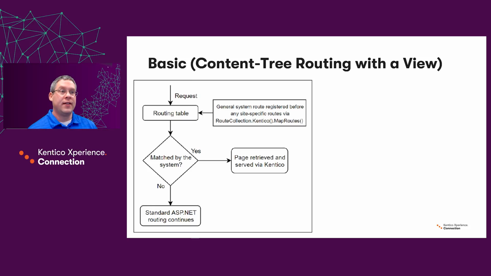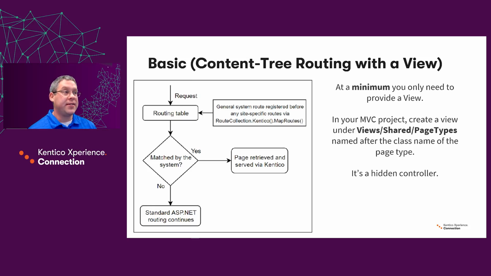There's nothing else going on. At a minimum, it just requires you to have a view that handles that page type in an exact folder of views, shared, page types, and the view of the page type by name. And what's really going on here is it's a hidden controller.